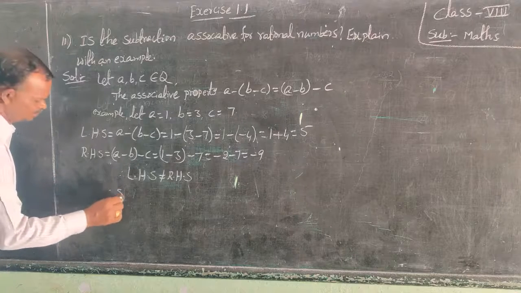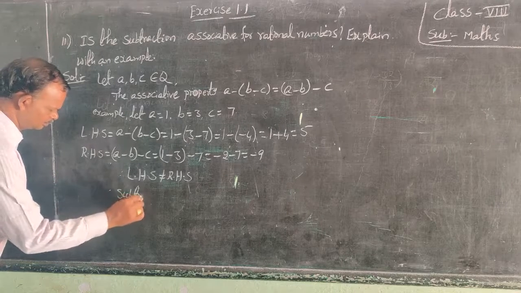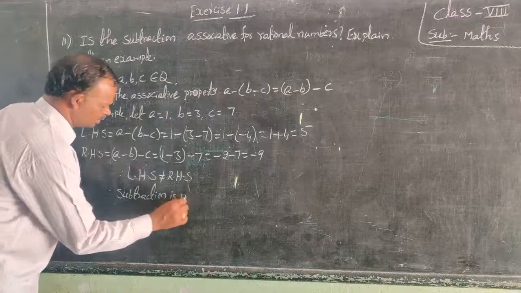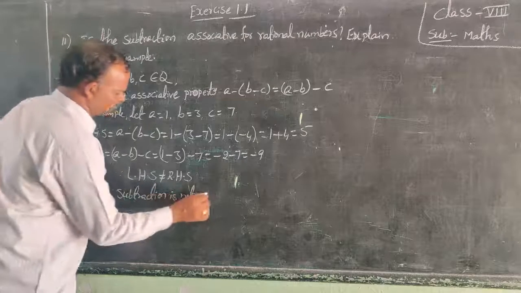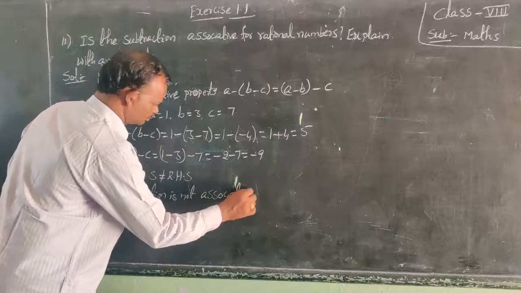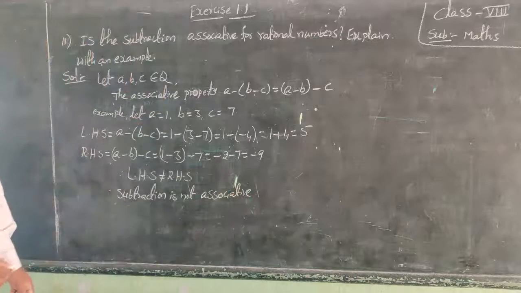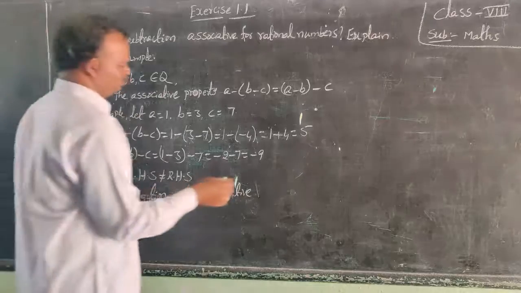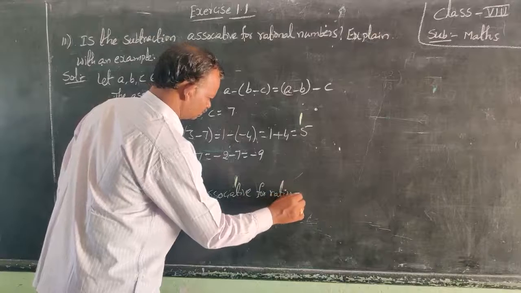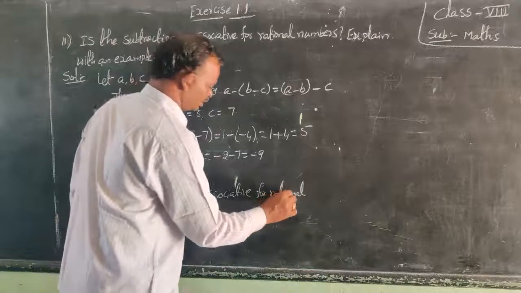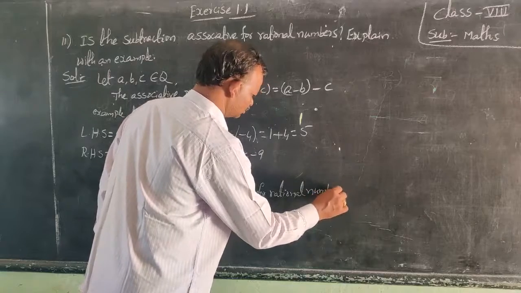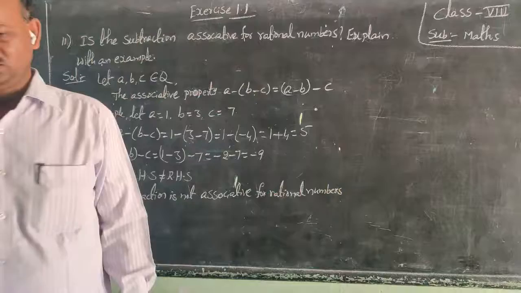Therefore, subtraction is not associative for rational numbers.